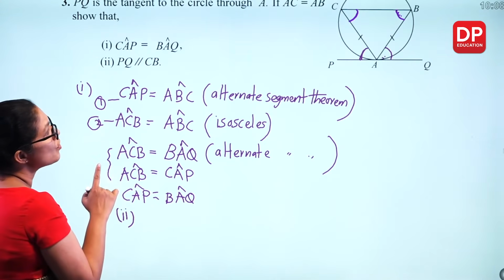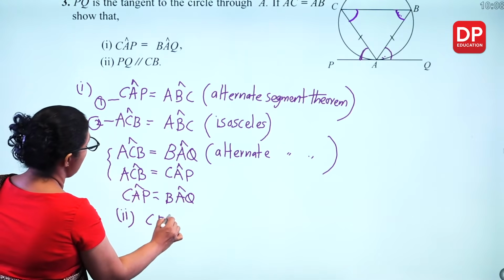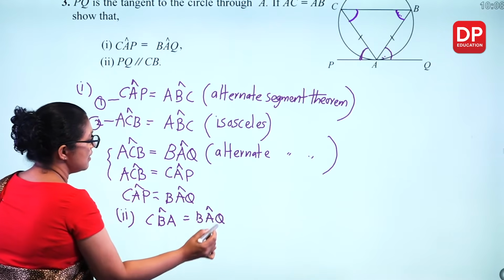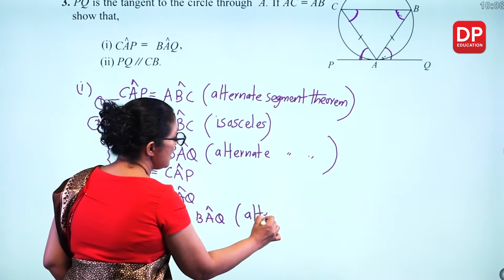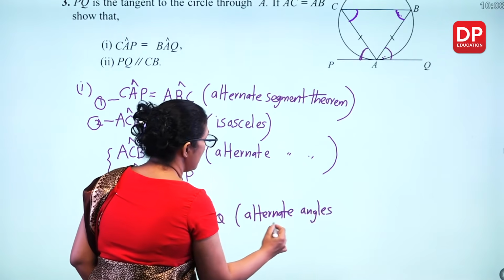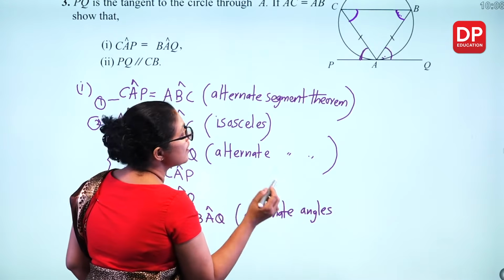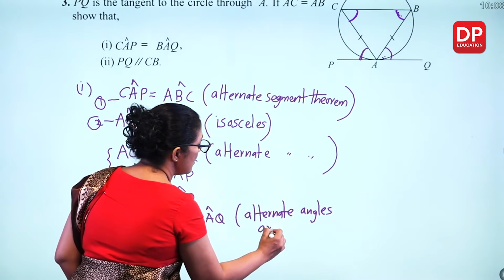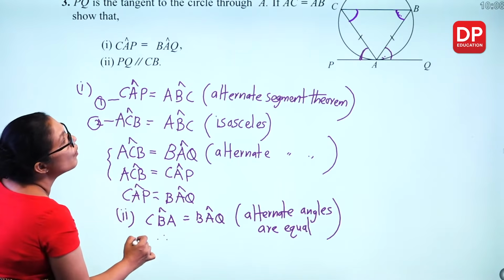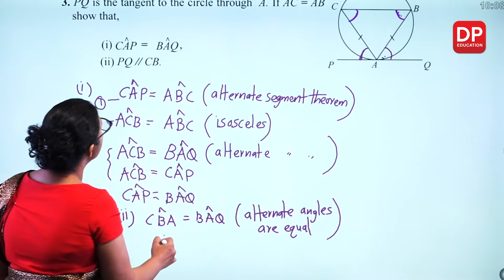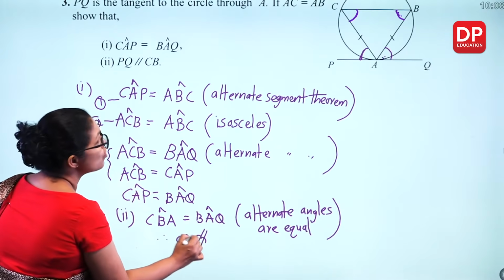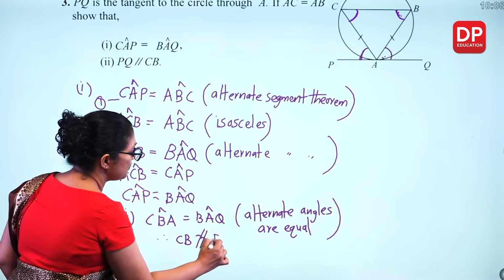We can write down, we showed that CBA angle is equal to BAQ angle, and these are alternate angles and both are the same. So alternate angles are equal. Therefore, CB is parallel to PQ line.